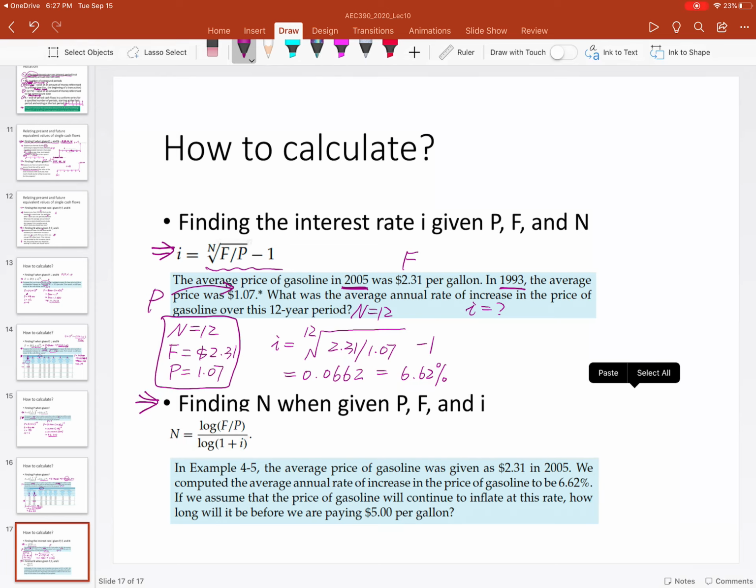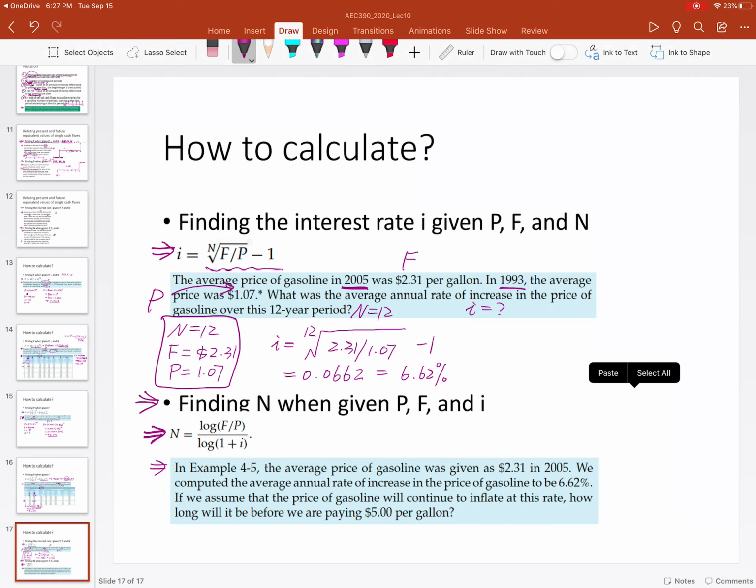All right, so the last calculation is to find out the N when given P, F, and I. So here we use this equation. N equals log of F over P, over log of 1 plus I. Okay, a little bit complicated. And let's apply this for this example.